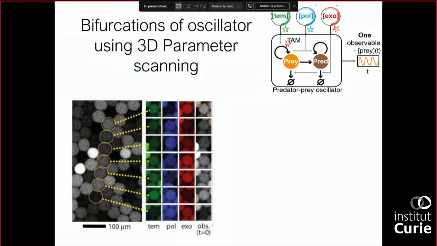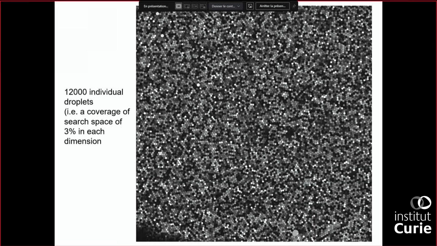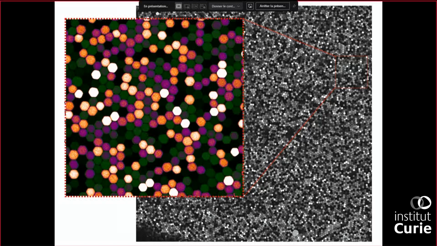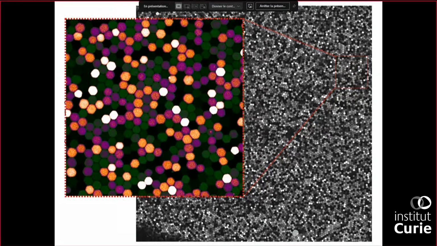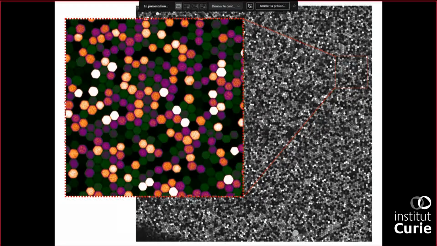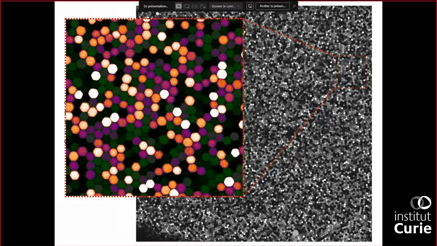And now for each droplet, that you can see on this image, we can extract 4 different fluorescent signals, one in the green, in the blue, in the red channel, and one which is dynamical behavior in a different channel. So we can put this back into order. So this is again an example. Here we have these droplets, and here you see their behavior.